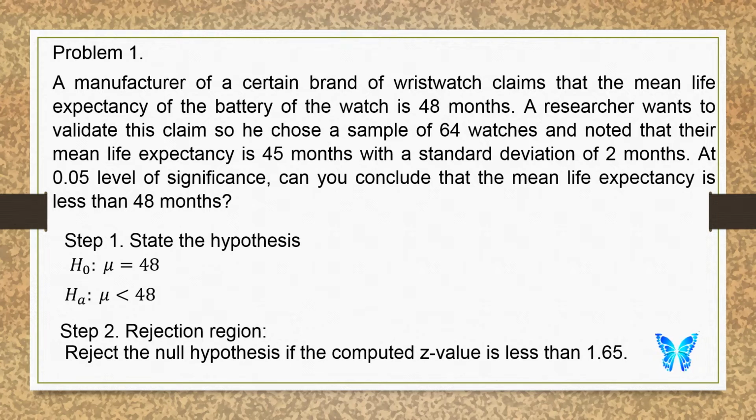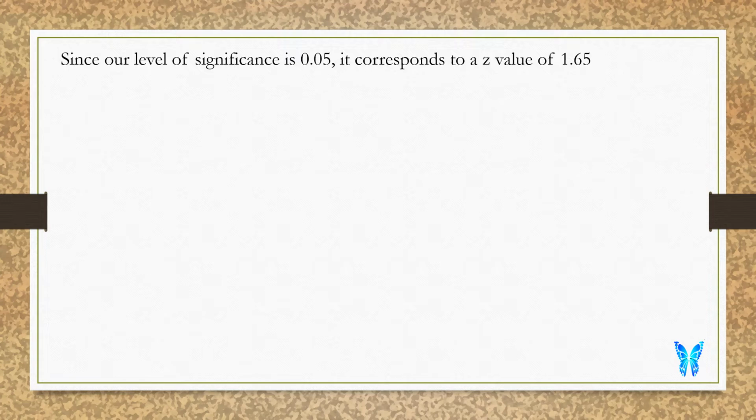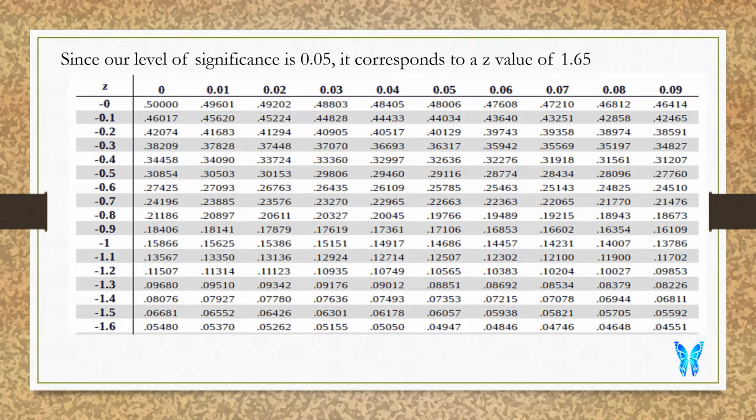We obtain that from the Z table. Since our level of significance is 0.05, it corresponds to a z value of 1.65. This table illustrates how we obtain 1.65 as our z value with an area of 0.05. We have the horizontal and the vertical arrows.